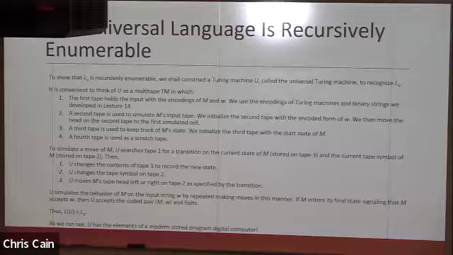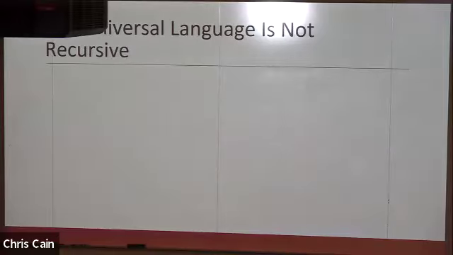The next thing we wanted to show is that this language is not recursive, that there exist some strings that a Turing machine we're emulating won't be able to accept in a finite amount of time. The book goes through this as a proof by contradiction. I like to think of it intuitively.